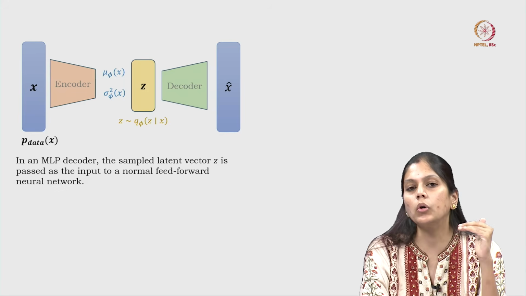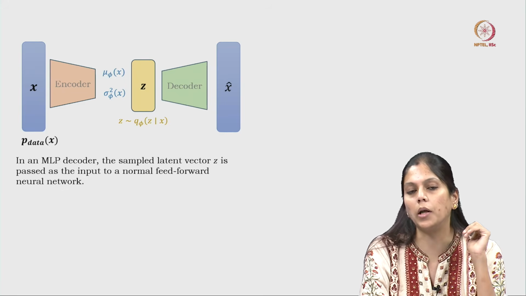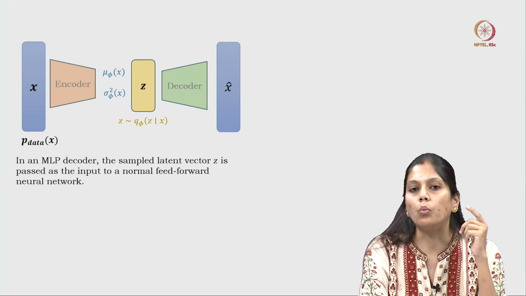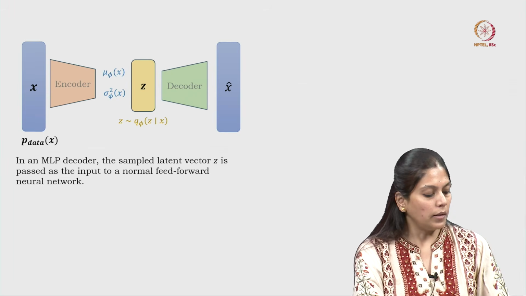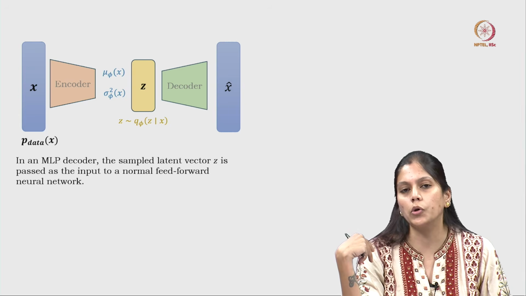So now let us assume the decoder here is a multi-layer perceptron model. So Z is passed as an input to the decoder. Now what does the decoder have to give, and how is the process going to happen?